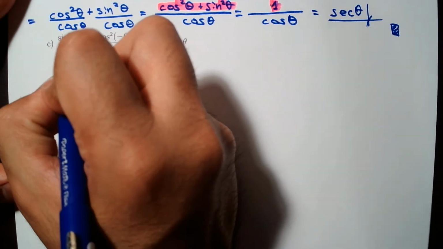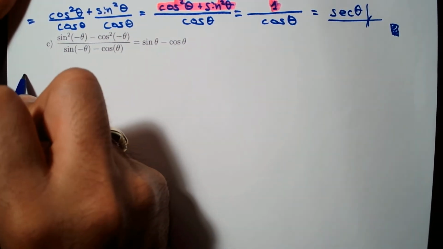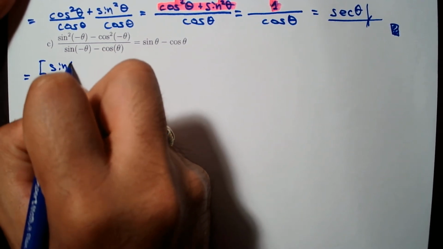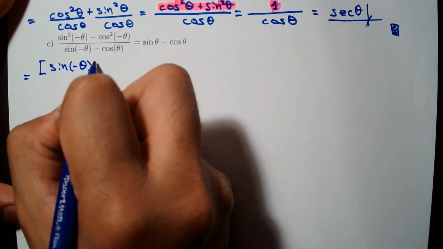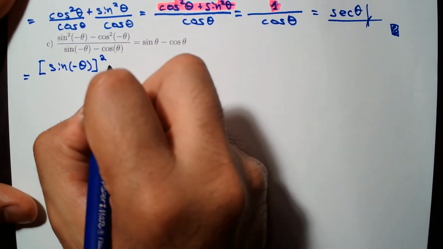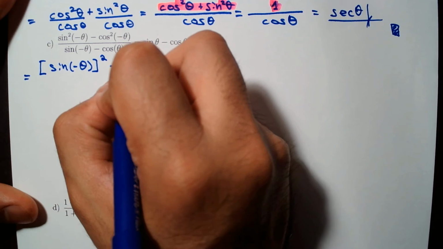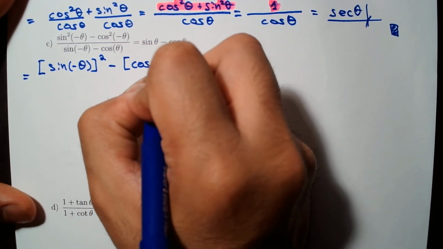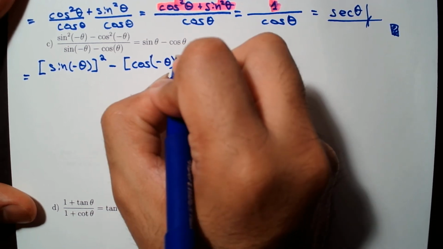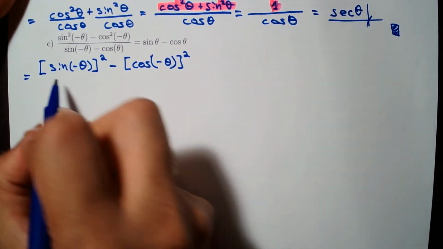So this exponent, what it really means, I'm going to put brackets: sine of negative theta, close the brackets, square it, minus brackets cosine of negative theta, squared.